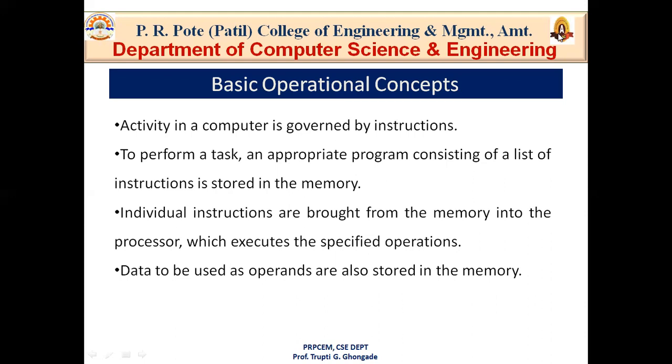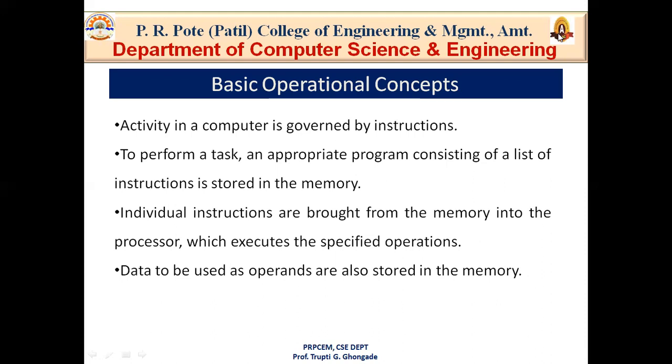Then memory unit, as I already told you, the memory unit stores data and instructions in memory. Then the arithmetic and logical unit performs arithmetic and logical operations. Arithmetic operation means addition, subtraction, division, multiplication. And logical operation means your Boolean operations. Then the control unit. The control unit supervises all the activity.